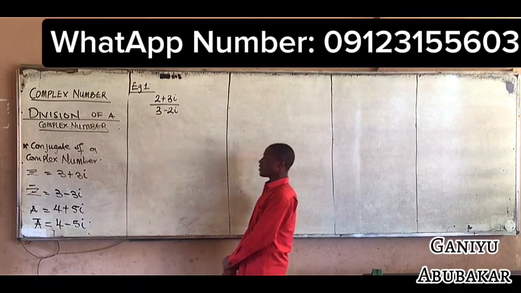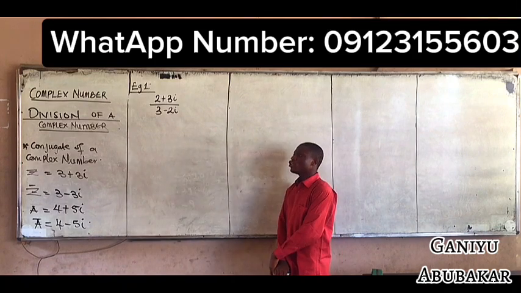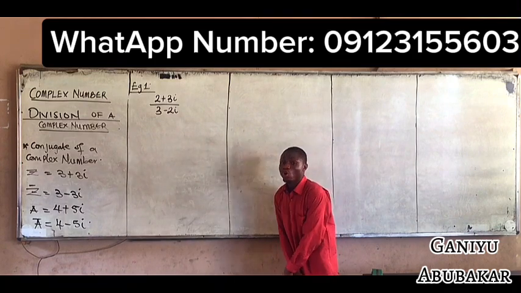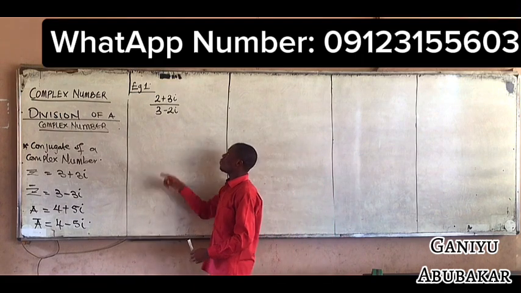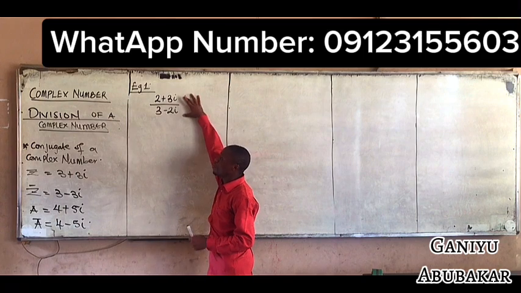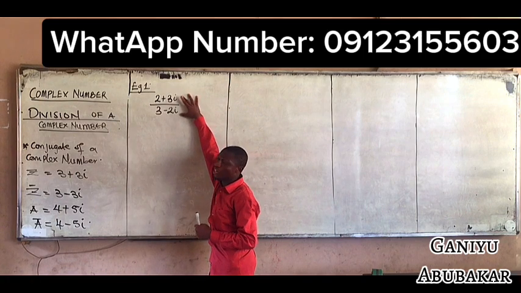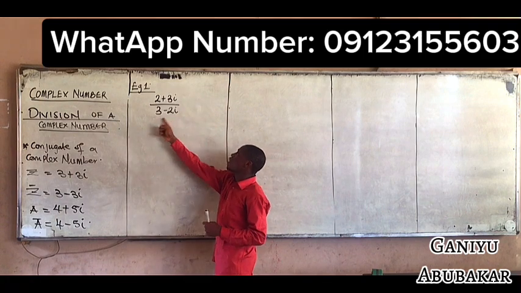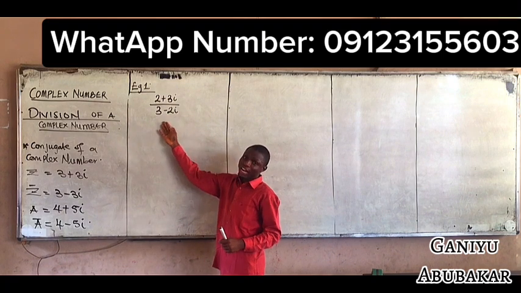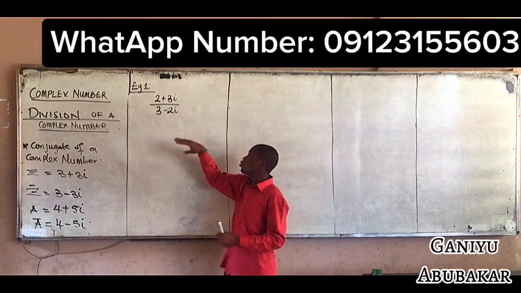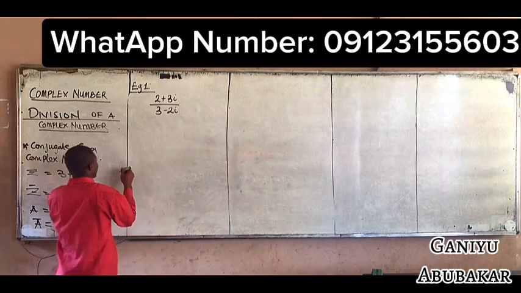The text says that in mathematics you don't leave the denominator as a complex number. So in other words, this question here, we need to rationalize, right? So in order to change this to a whole number, we rationalize.